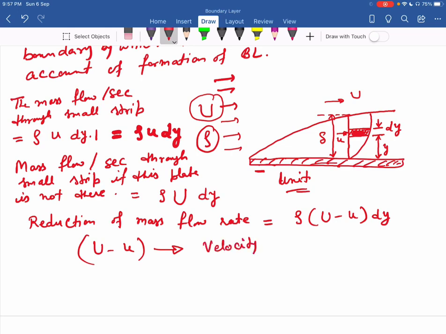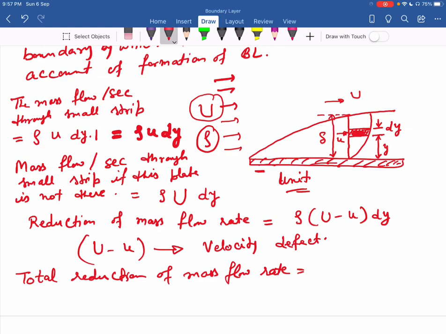The total reduction of mass flow rate is the integration of this term, when y varies from 0 to delta. So I can write it as the integral of rho (U minus u) dy, with y from 0 to delta, and this is my equation number 1.